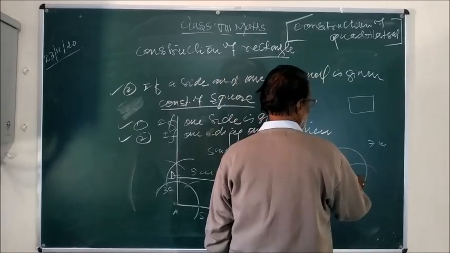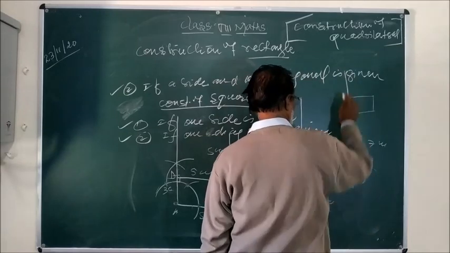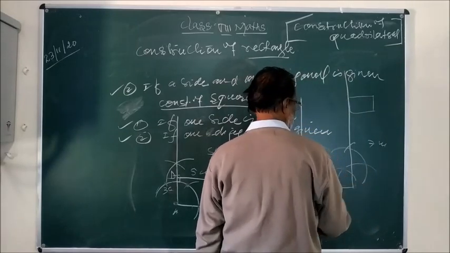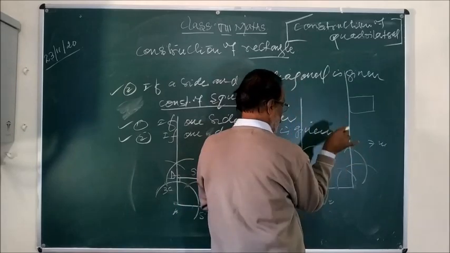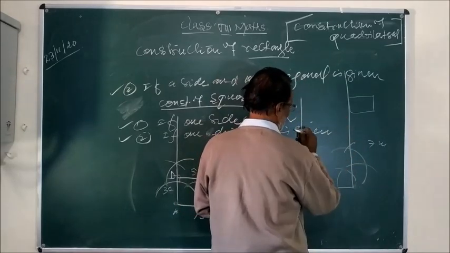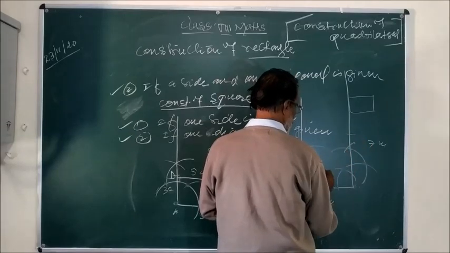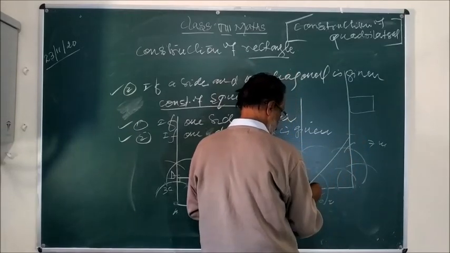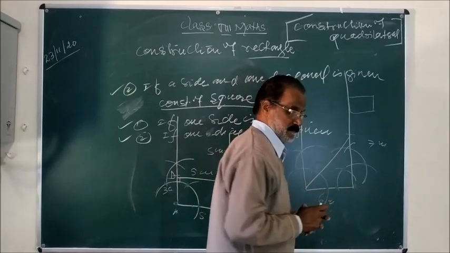So you draw 90 degrees on both sides, and from this or this, you take a 7 cm distance and you cut from here or here. From here and here. So this will be 7. You join. And the diagonals are equal.